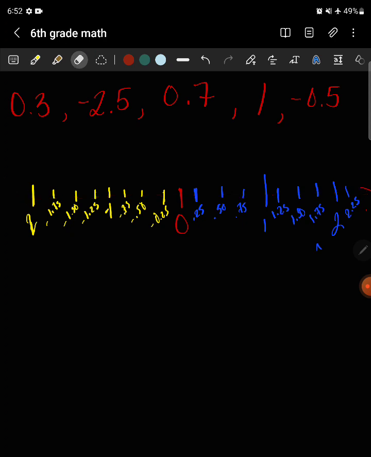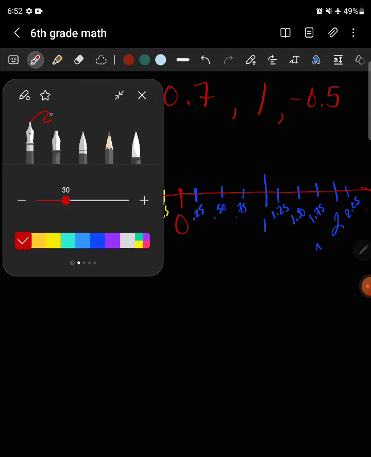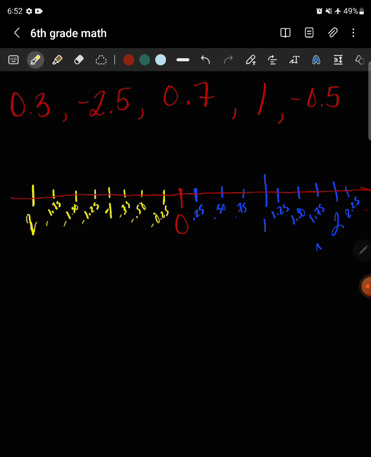And it looks like, oops, I erased my whole line. It looks like I need to make my line a little bit longer. All right, so I took the same numbers and I just went backwards with them.